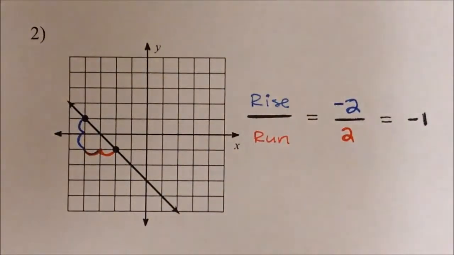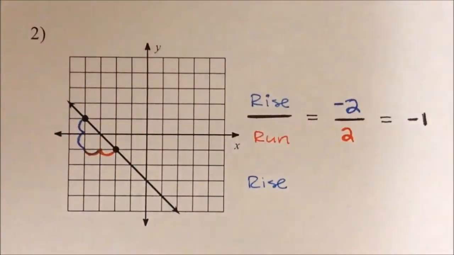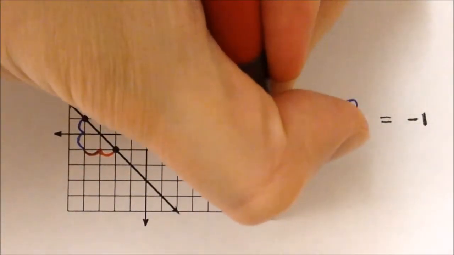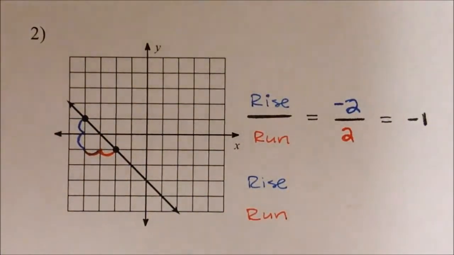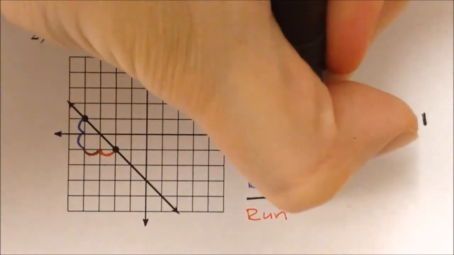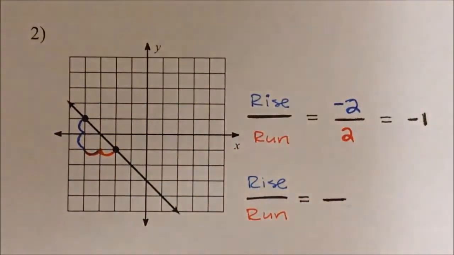Now, let's talk about the second method. Alright, so let me write out the rule. Rise over run. It doesn't matter what order you start as long as you line them up correctly.